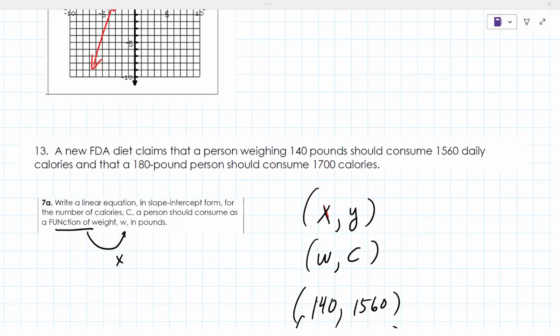For 4, 5, and 6, you just replace the x or the y with 0, depending on which intercept you're trying to find. Got it.